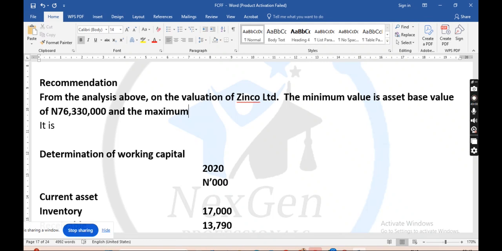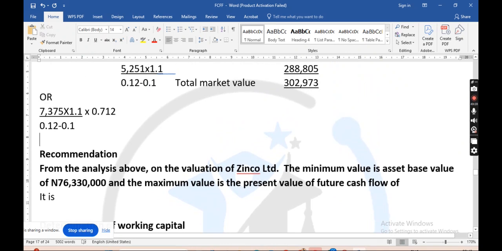And the maximum value is the present value of future cash flow of 3 years of 302,973 million, right?